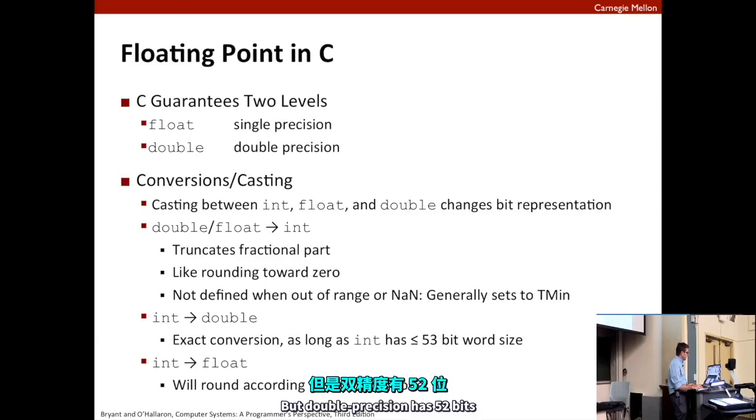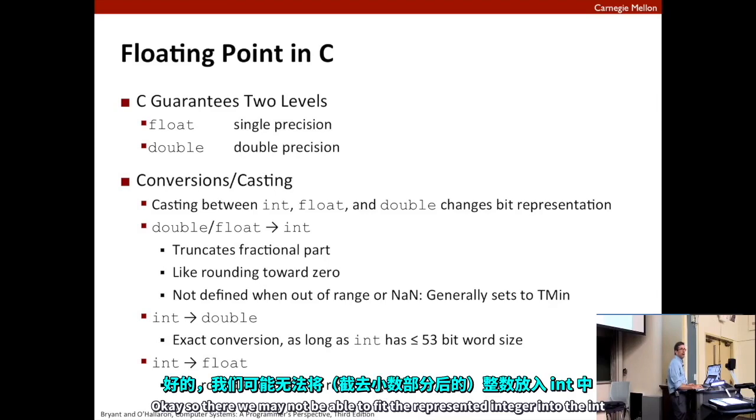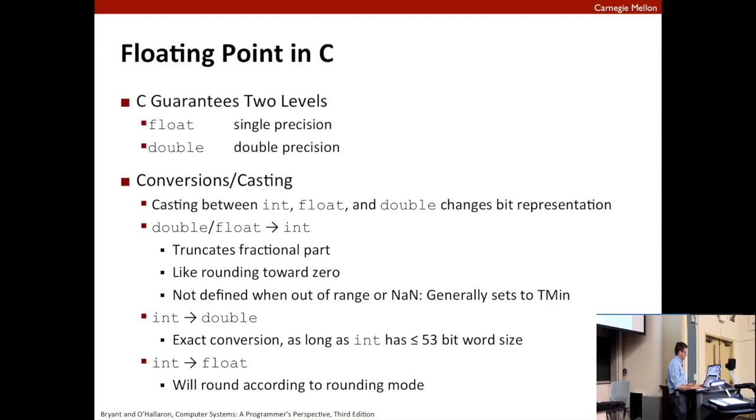But double precision has 52 bits. So there we might not be able to fit the represented integer into the int, so there'll have to be some rounding.